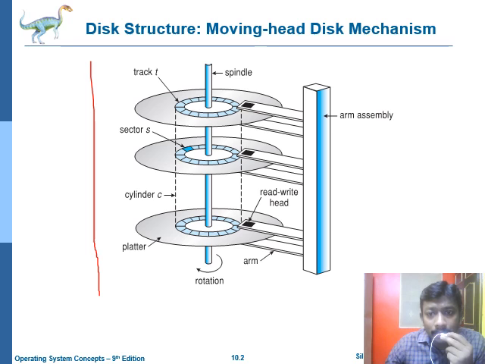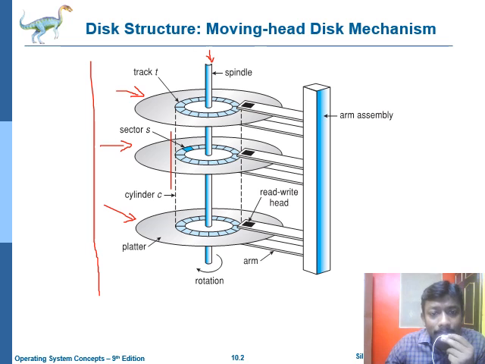A spindle is there at the center of this hard disk, and it consists of several platters, or we can call them magnetic disks. The whole thing we can call a cylinder. There are a number of cylinders in this hard disk.